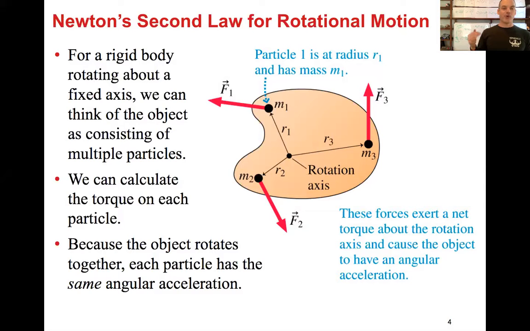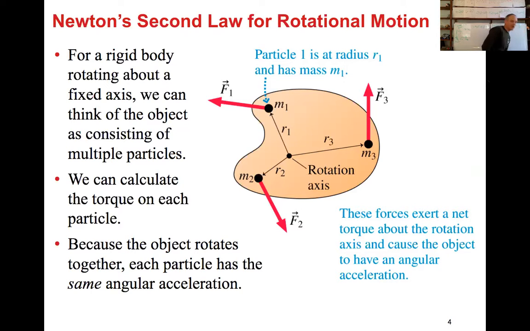But what we need to do is look at how the torque is effective with those different positions. So in a normal rotating object, like a bicycle wheel, there's a lot of parts to that. There's spokes, there's the rubber, there's the metal rim. And so it's a very complicated system.